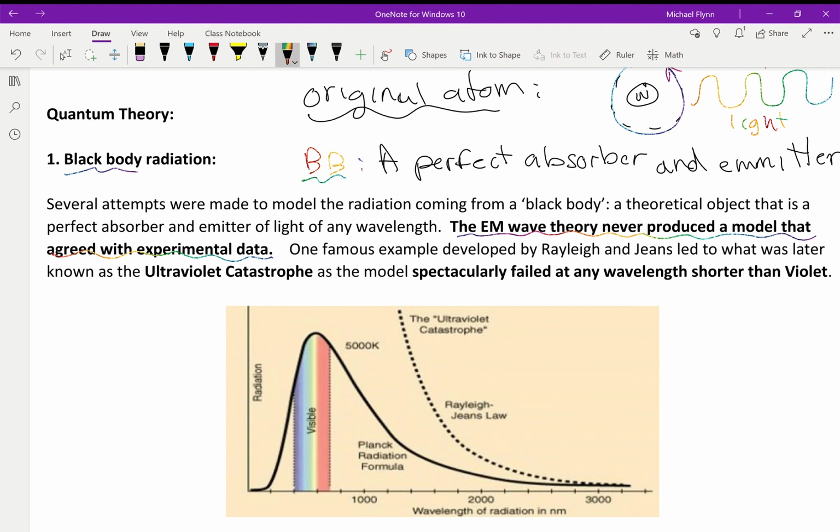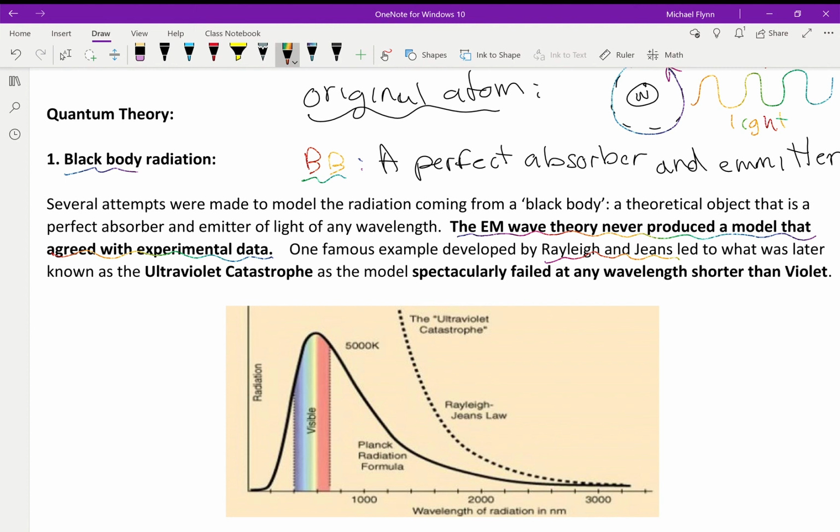Now, there's a famous example developed by Rayleigh and Jeans. Rayleigh and Jeans are the names of two scientists. I don't know their first names, but anyway. Rayleigh was the guy who figured out why the sky was blue, so we call it Rayleigh scattering. Let's just put it this way, they're both experts in the wave theory.